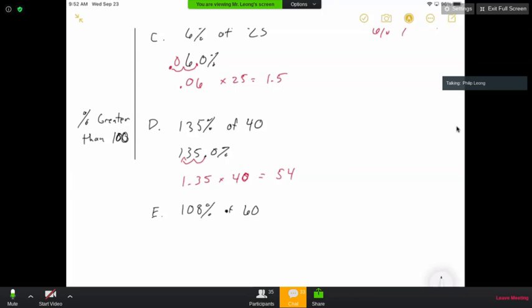So remember, this is 108.0. I'm going to move my decimal 2 places, which is 1.08. 1.08 times 60 is 64.8. Got it. Pretty easy, yeah? Find the decimal, move it twice, multiply. That's it.